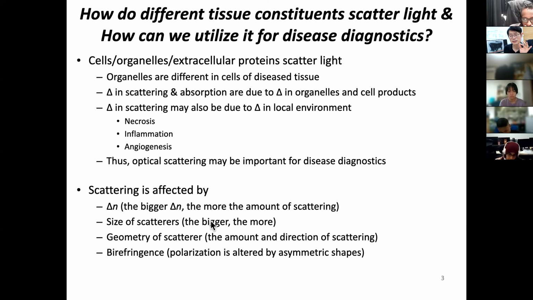And of course, the scatterer sizes, we know from previous knowledge, tiny particles, so-called Rayleigh scattering, is more like isotropic, but the bigger particles, which are comparable to or bigger than the wavelength, we call Mie scattering, and that scatters more. So the bigger, the more scattering. And also the geometry matters, the amount and direction of scattering. You remember that we can utilize the cell distinguishing by the forward versus side scattering.